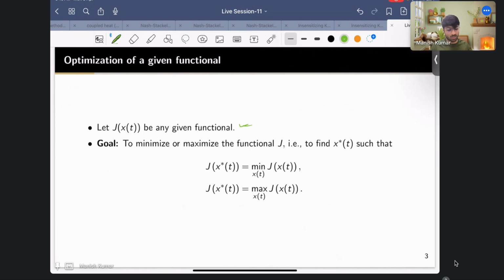value. But in the whole duration, what we'll be talking about is how to get the minimum. Once you understand how to obtain the minimum value of some function, you automatically get how to get the maximum value. Suppose you have a problem where you want to maximize this J. What you do is define J tilde to be minus J, and now you try to minimize this J tilde.